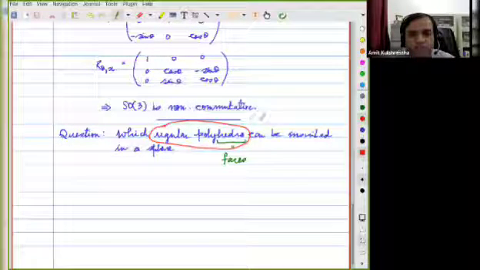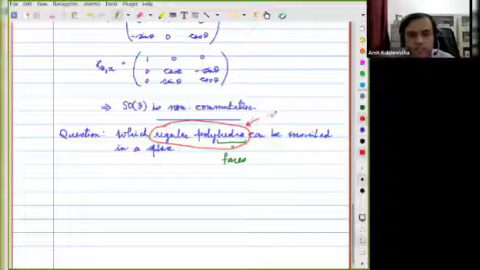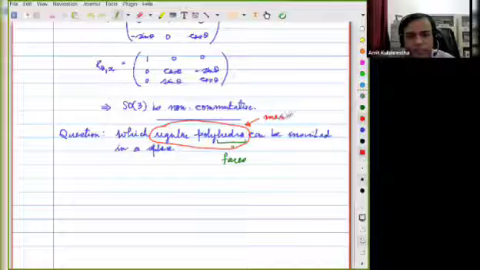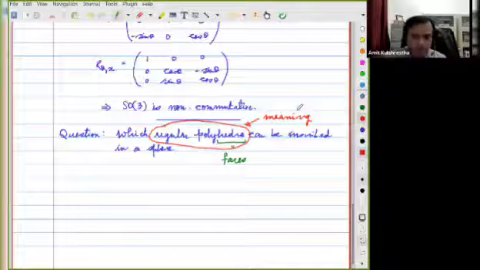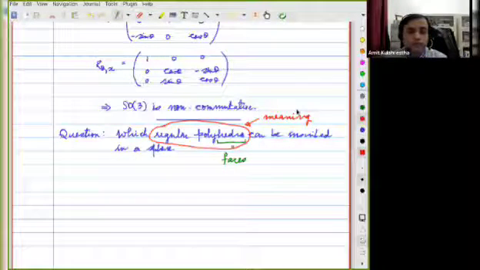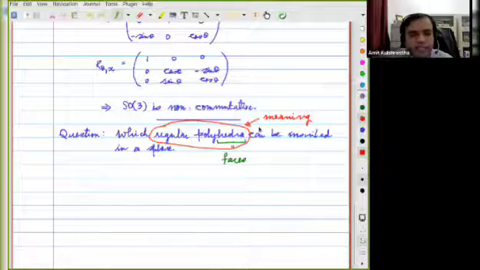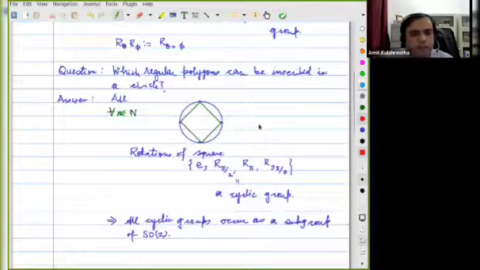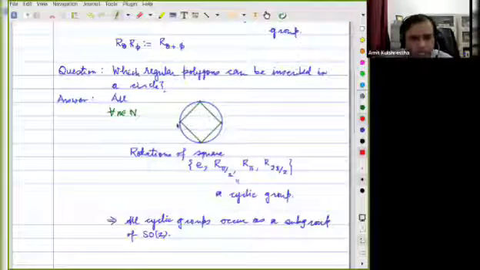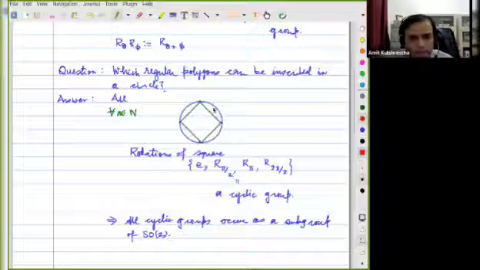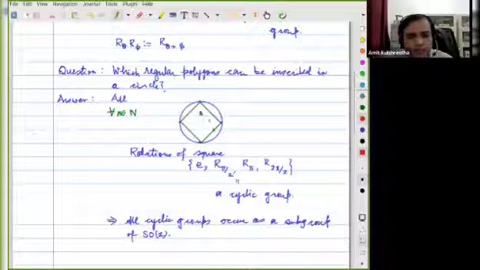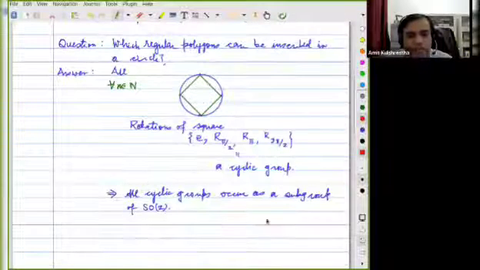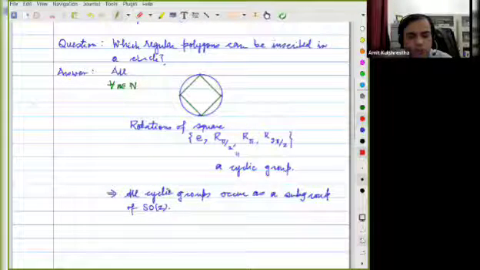What's the meaning of this? So one has to first clarify what is the meaning of this and why are we doing it. What's the purpose of doing this? One of the purposes is that in the case of two dimensions, when you realize that you can inscribe any n-gon inside a circle, from that you concluded that all cyclic groups are there in SO2.